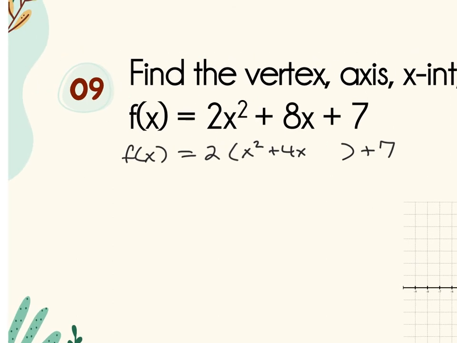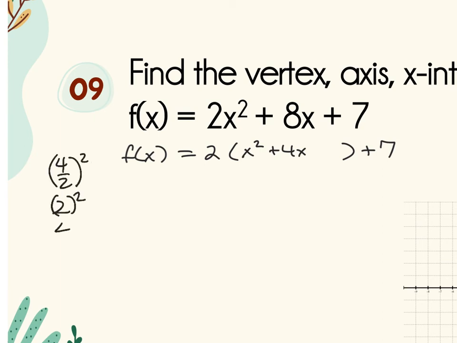I now take the b term, divide it by 2, and square it. So 2 squared, what I'm adding is 4. What in here I would put is 2 squared. But over here, you have to take into consideration what you factored out and multiply that by what you would be adding to the other side.